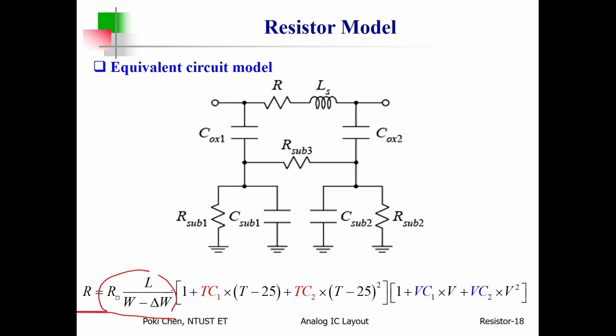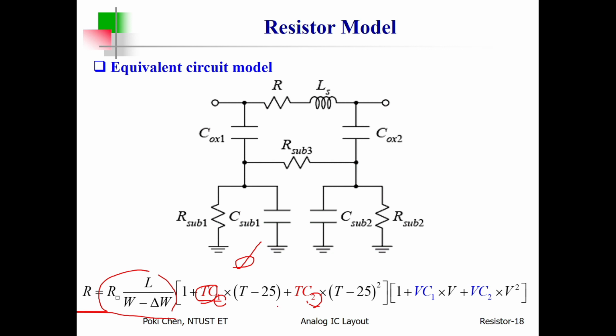But you still need to face the other two effects. The first effect, we call it thermal effect. You need to face temperature coefficient 1, the first order temperature coefficient, and the second order temperature coefficient, as you like.